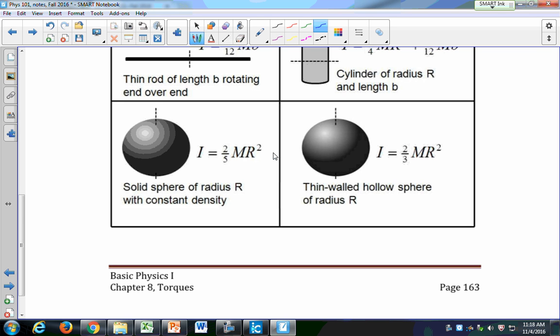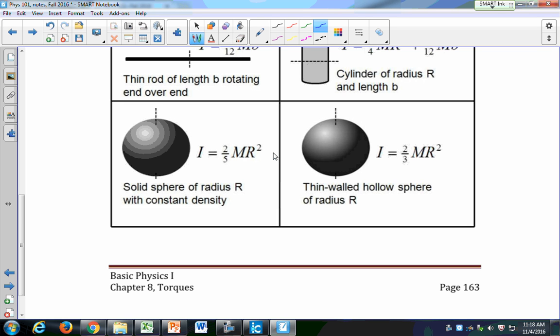Okay, let's try it. Think about which one has the bigger moment of inertia. The one with the bigger moment of inertia is going to be harder to get started, right? It's like it has a big mass. It's just hard to get going, right? Which one won?